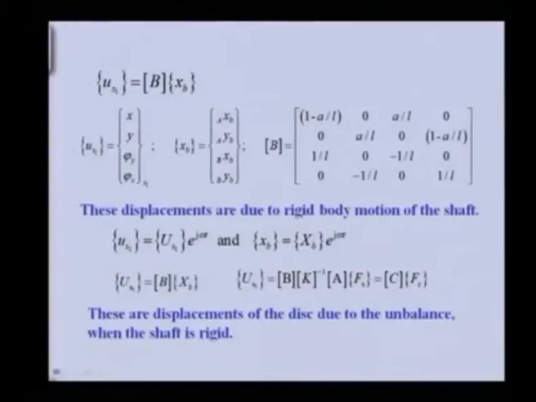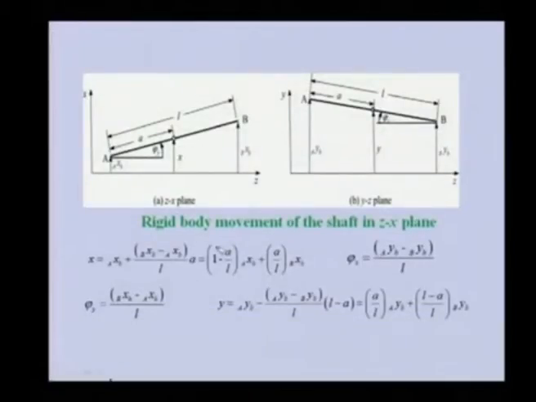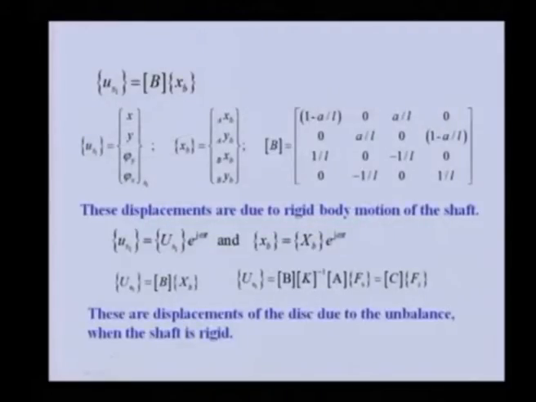So, in the previous equation, if you see, they are coming from these coefficients. This particular displacement of the disc is due to the rigid shaft.